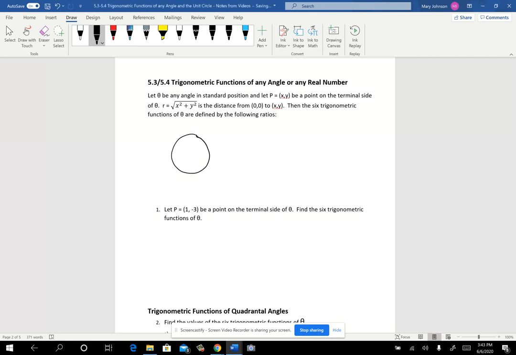Okay, and so what the words up here are saying is that if you've got a point, and let's say the point is on the terminal side of some angle, so here it is right here, it would have coordinates x, y, some x, some y. All right, the radius of the circle would be r, and it would equal the distance. It is the distance from the origin to that point.